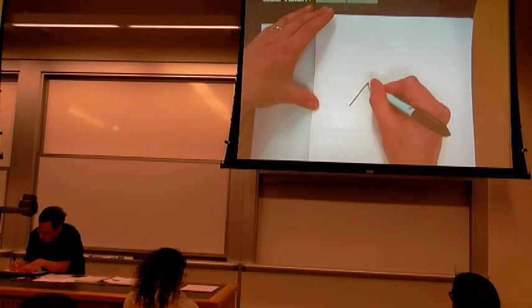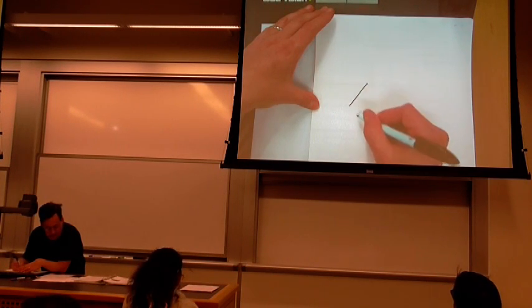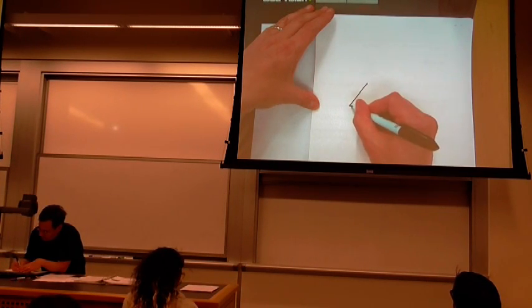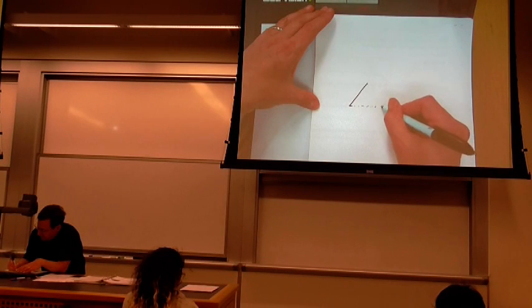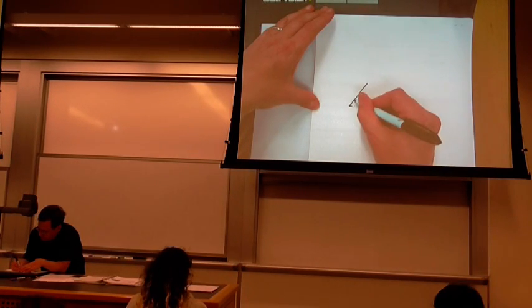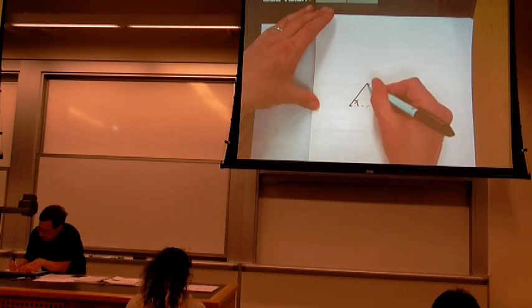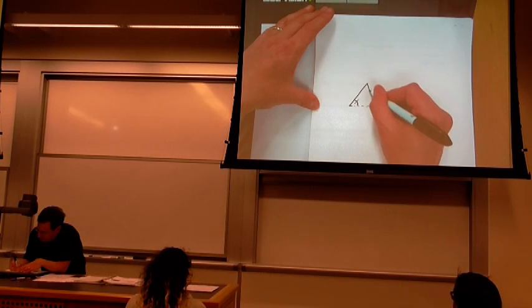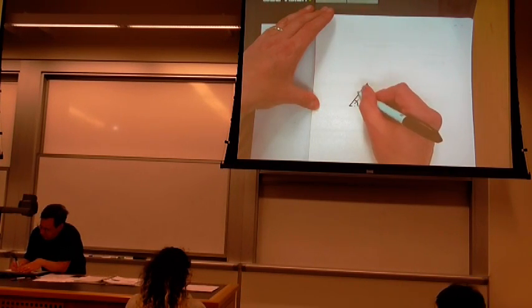I know a side, and I know, just gonna kind of dot this in here, I don't know how long this is, I know an angle, and I know another side, okay?